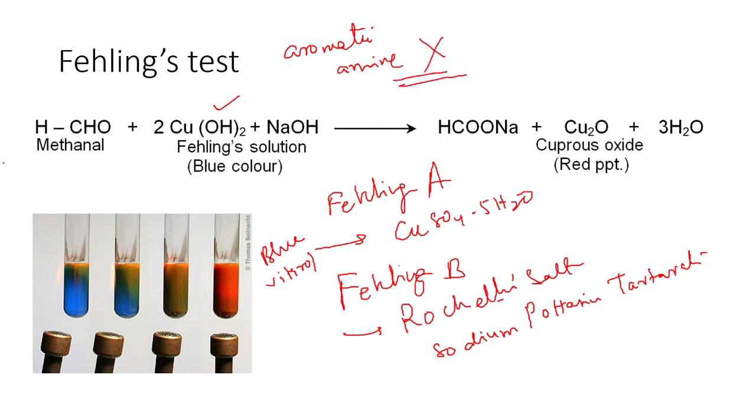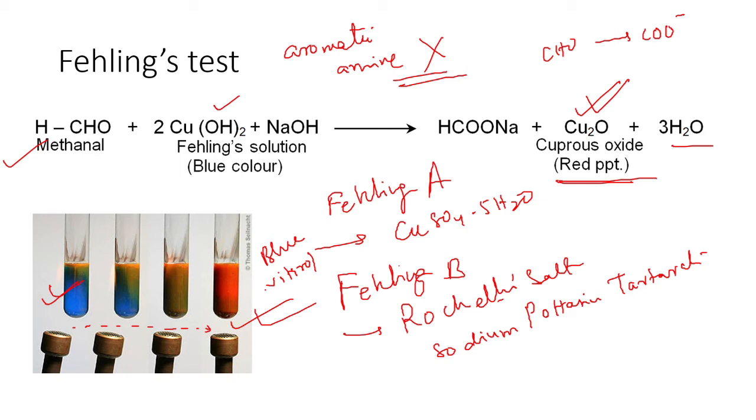So you take an aldehyde, essentially aliphatic aldehyde, and you react with Fehling solution, you will get this CHO group oxidized into COO minus, and Cu2O will be formed, which is a red precipitate, right? H2O will of course be liberated, and the blue color solution by time converts into red color solution. This is brick red type thing. Okay, so this is a Fehling test.